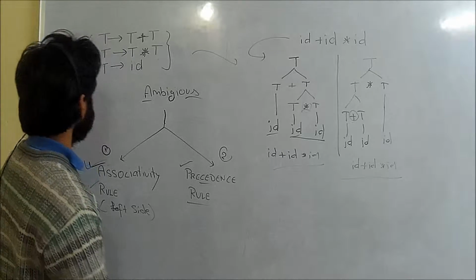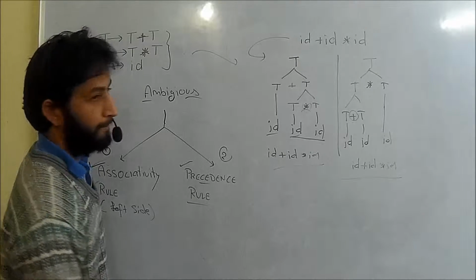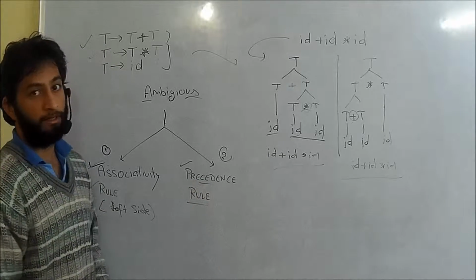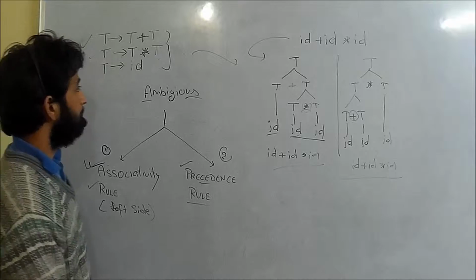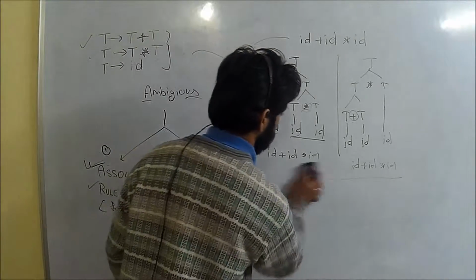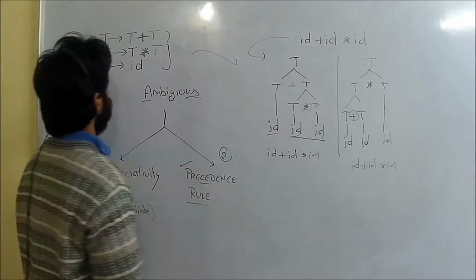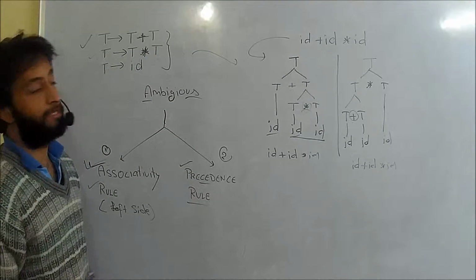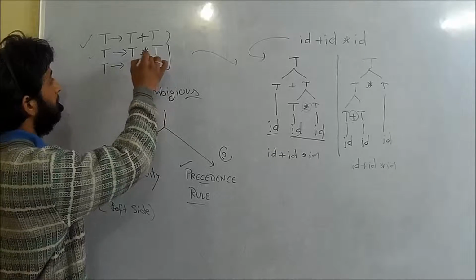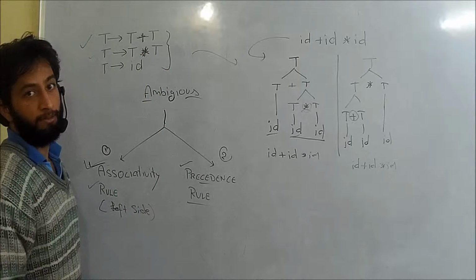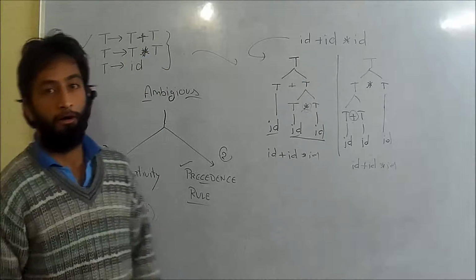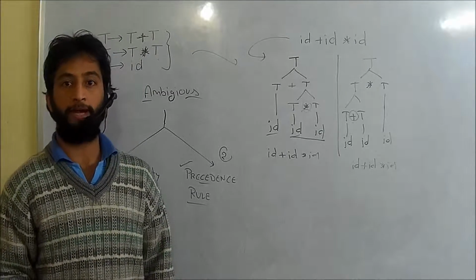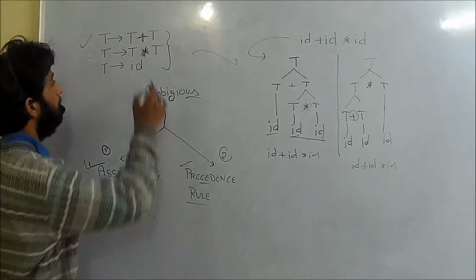Okay. So for resolving this problem of precedence, I am adding levels to the grammar. If any operator has high precedence, then I will add that to the next level. I mean to say that the operator having the least precedence will be at the top, at the start of the production.